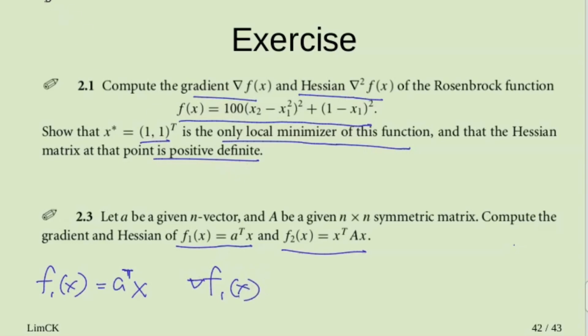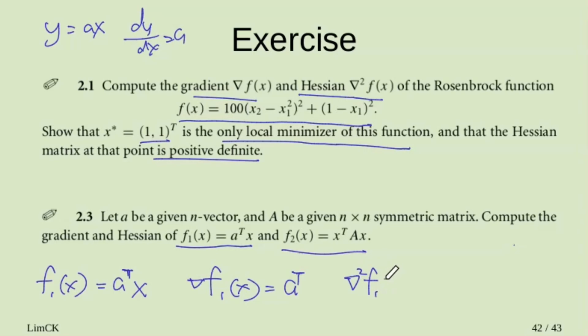What I mean is if y equals ax, not a vector, you get dy/dx as a. Same here, the gradient of f1 is just a transpose. Therefore the Hessian of f is 0, because this is just a constant.